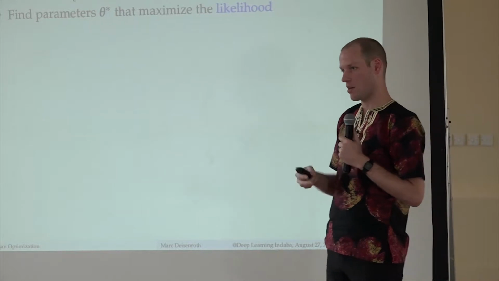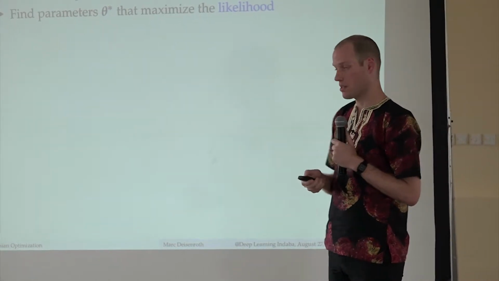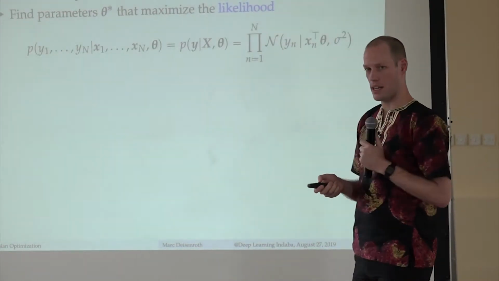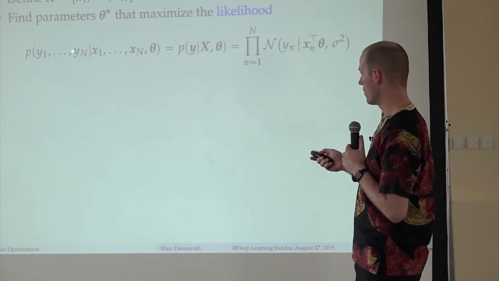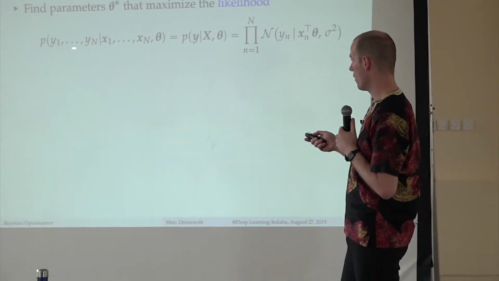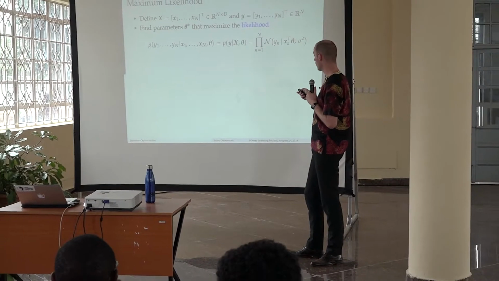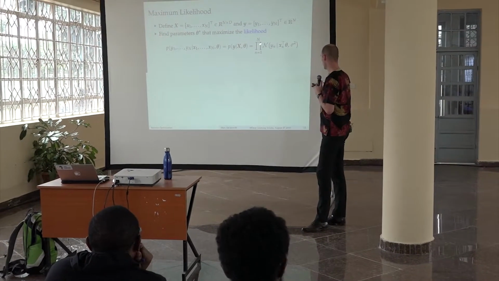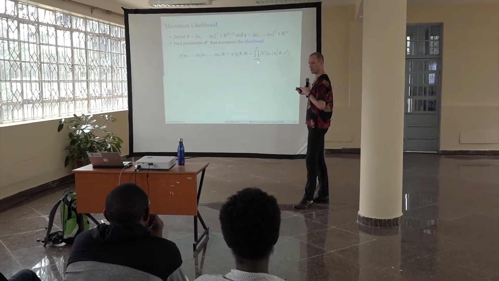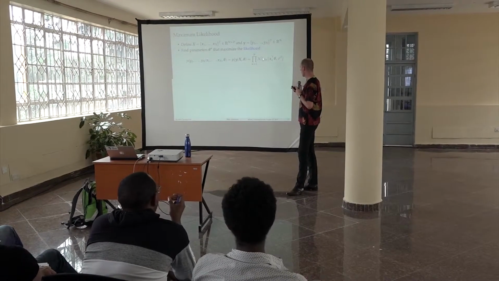Now, coming back to Ulrich's lecture from Sunday, we can write down the likelihood, which is the probability density of the observations given the inputs and the parameters. We can also write it like this, p of y given X and theta. And we make a factorization assumption that we have IID data.